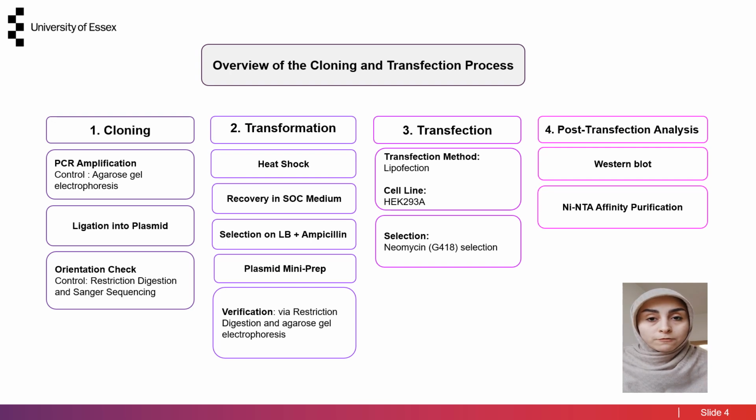Transfection is the stage in which the recombinant plasmid is delivered into mammalian cells to enable protein expression. And the final stage is post-transfection analysis, in which successful protein expression and functionality were confirmed.